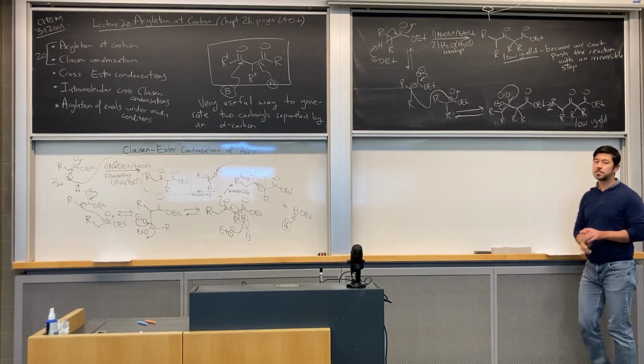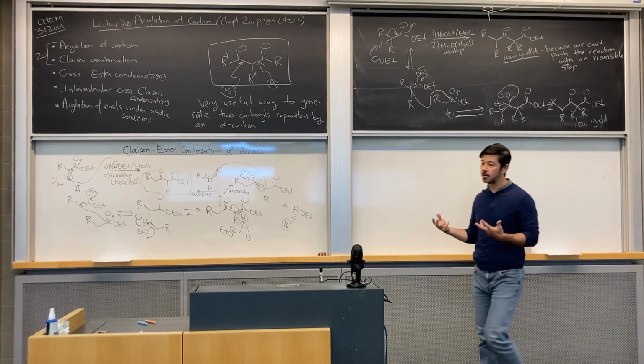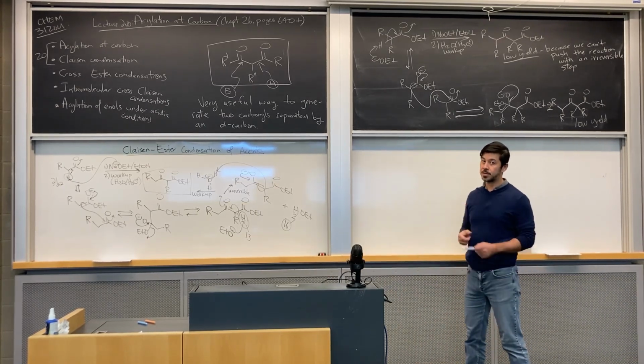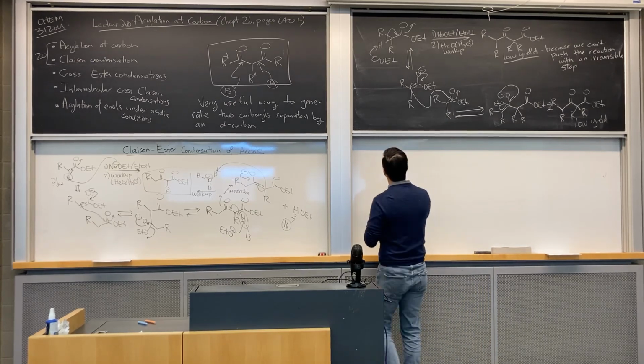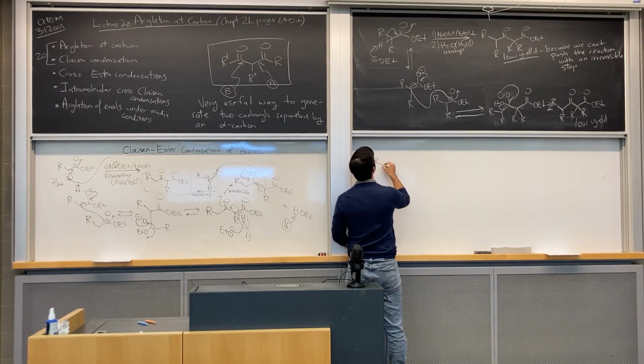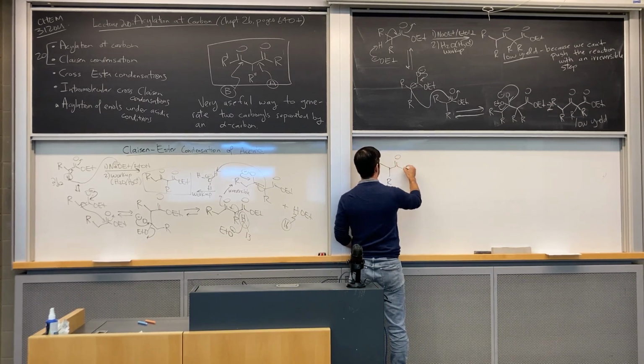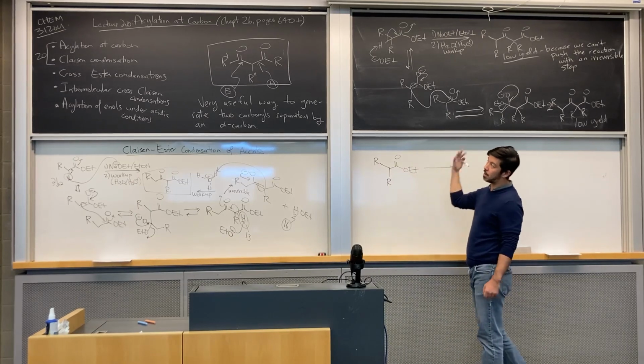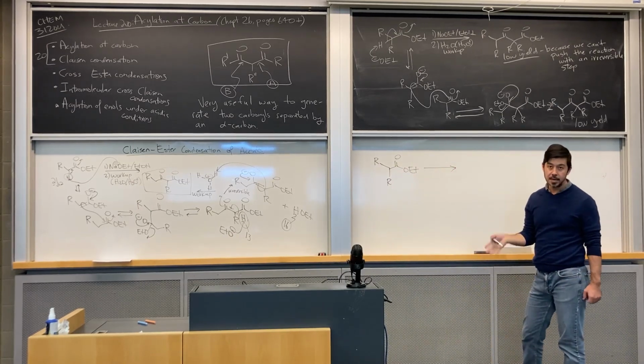Well, what is a good base that is strong and sterically hindered that will give you an enolate irreversibly from step one? So instead of using ethoxide, let's use LDA.